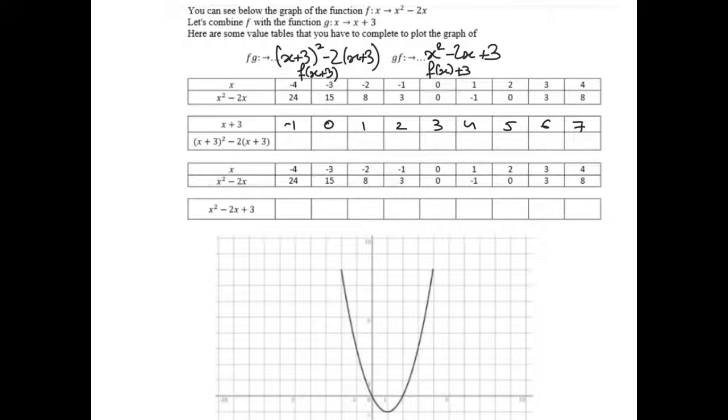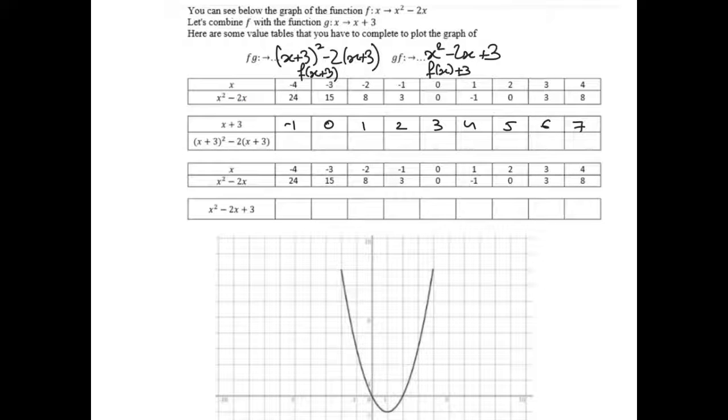And now we need to work out the value of this thing here. Well, you see that if x plus 3 here, for example, is minus 1, if you want to work out minus 1 squared minus 2 times minus 1, it's actually the exact same calculation as the one you've completed right here. When x was minus 1, you did minus 1 squared minus 2 times minus 1.